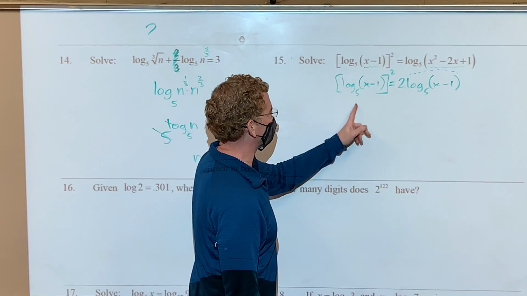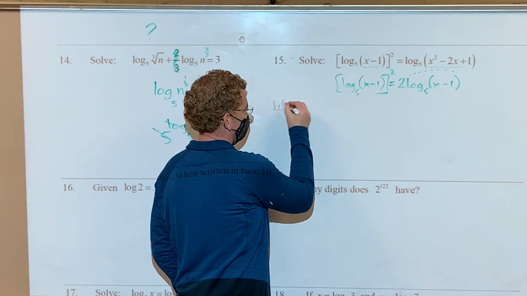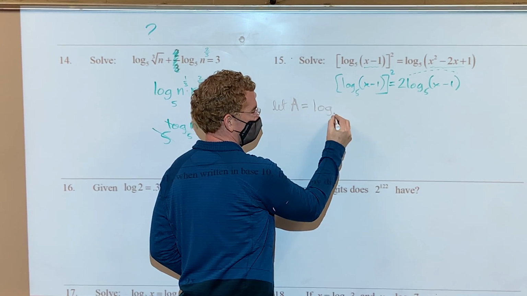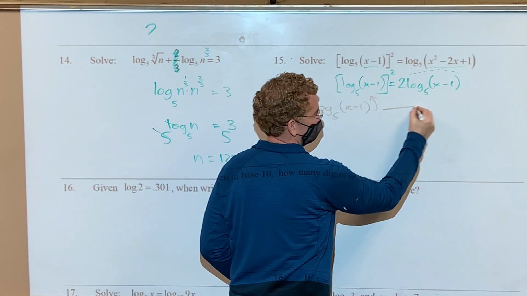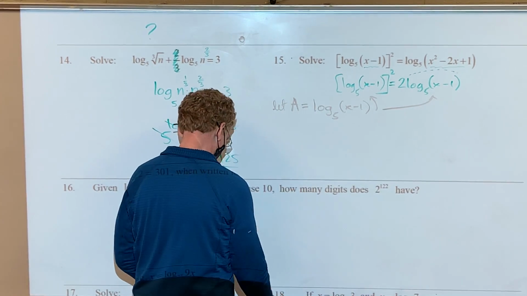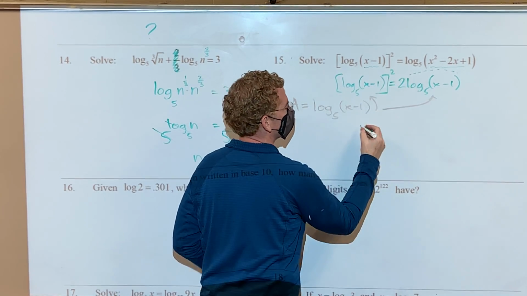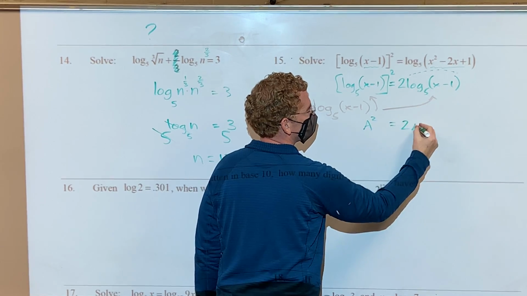Since I see log base 5 of x minus 1 twice, what if I said let a equal log base 5 of x minus 1 here and here? Wouldn't that give me a quantity squared equal 2 times a?